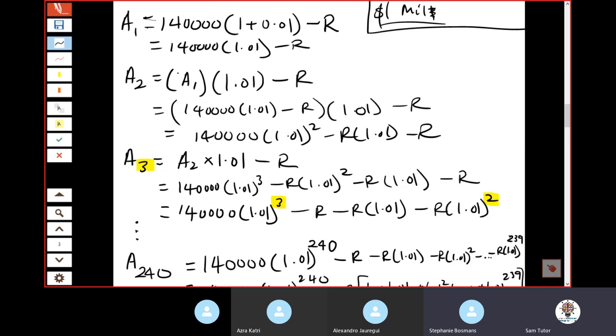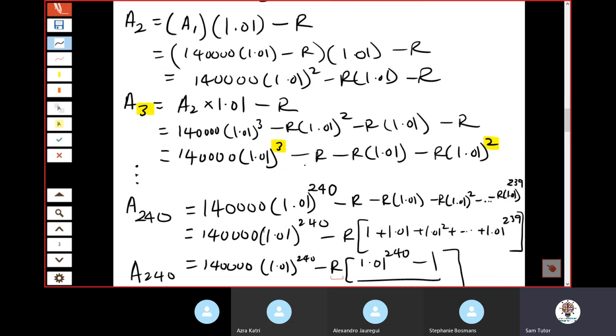A1, the amount you borrowed times the rate minus your repayment. A2, the amount left times the increase minus your repayment. A3, the amount left in A2 times the increase minus the repayment. And then we always increase in powers, so don't decrease.